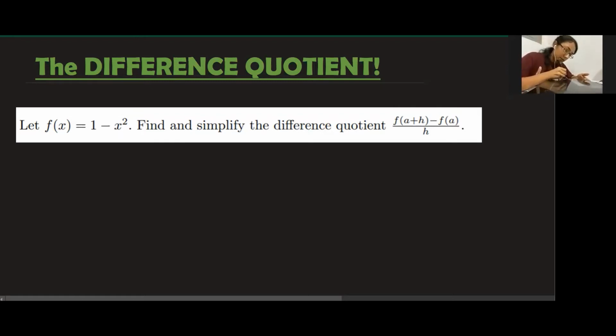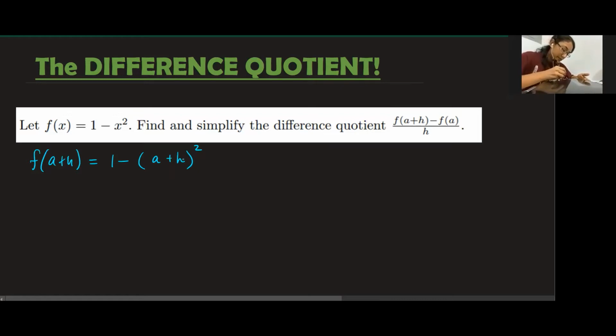So for the first term, we want to find what f of a plus h represents. So we're going to insert a plus h into x for the given function. So we have 1 minus parentheses squared, and in that box, I'm going to replace the new input a plus h.